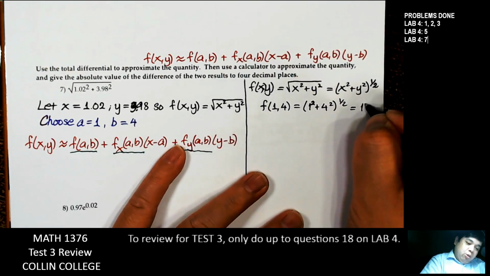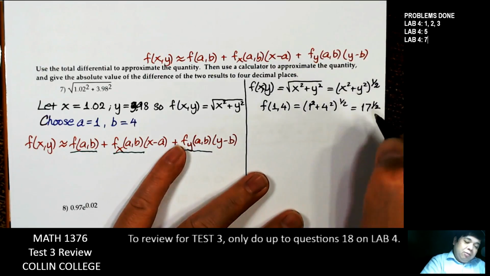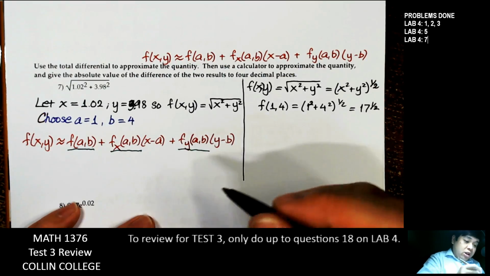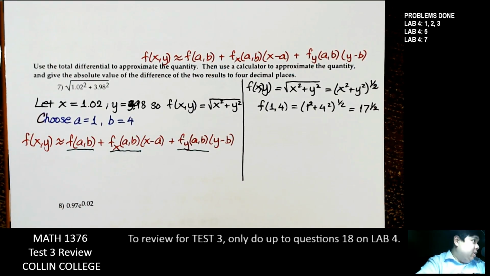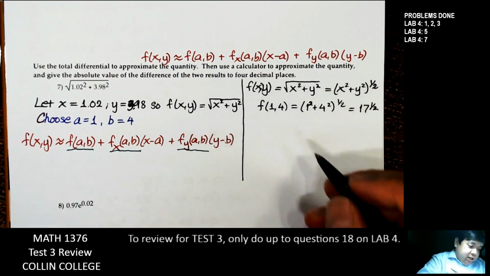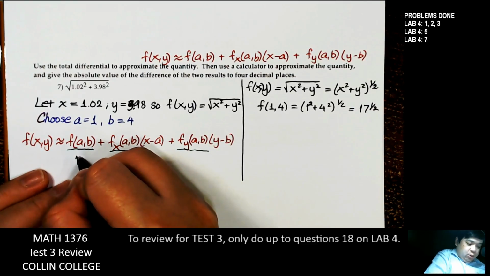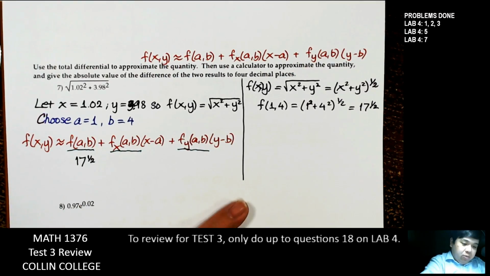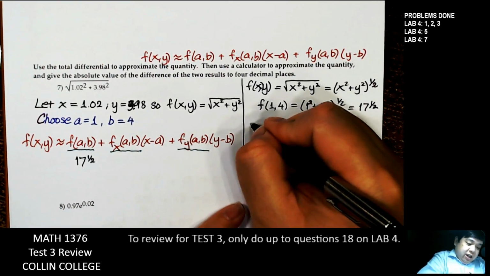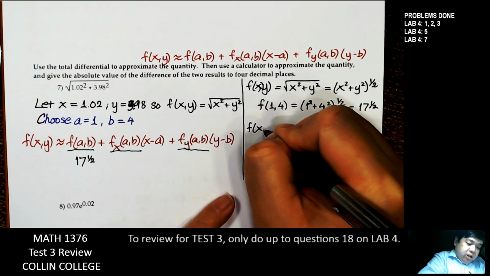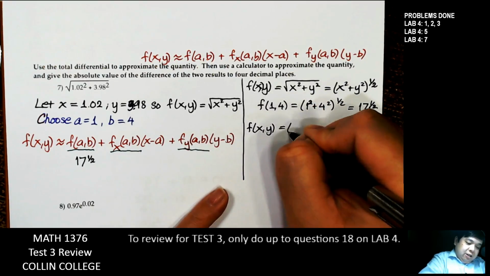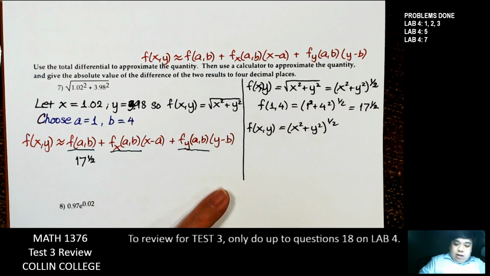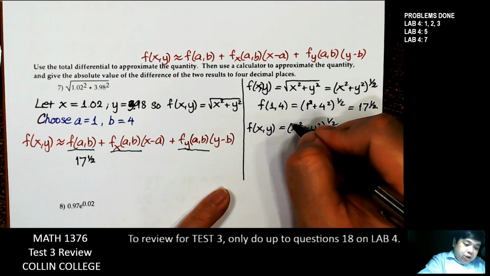So 17 to the 1/2, or square root of 17, but we keep the 1/2 power, so it is easier to take derivative. Right. Derivative will not be as friendly. I will copy the function again. Here we have to use the chain rule.